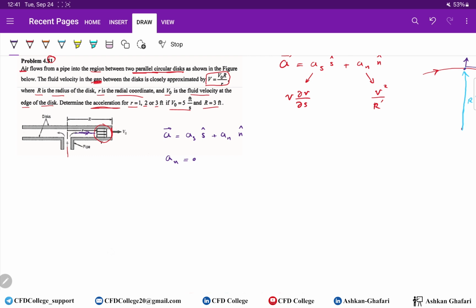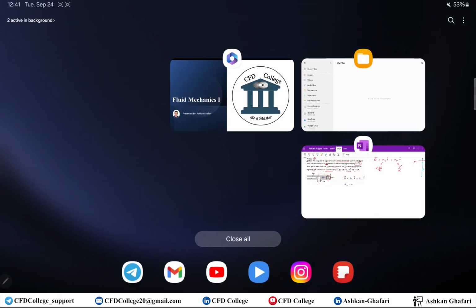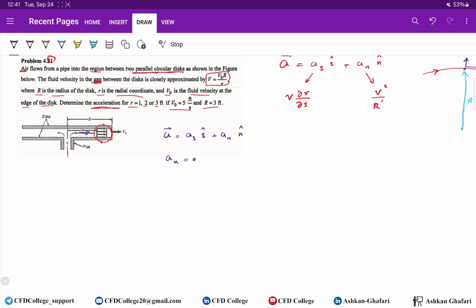This profile is perpendicular to r, and it's uniform, so it shows us that a streamline is straight towards the outlet. So since the streamlines are straight, a_n equals 0, so we only have a_s.